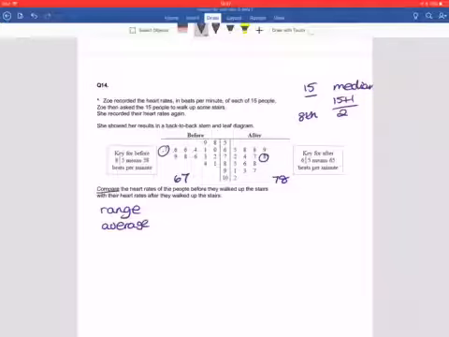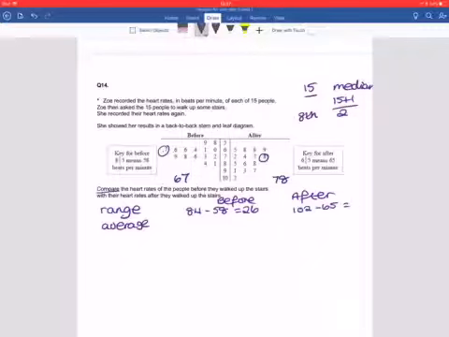So for the before and for the after, before is 84 minus 58, so that is 26, and after I've got 102 minus 65, so that is 37. Okay, and my average before is 67 and after is 78.